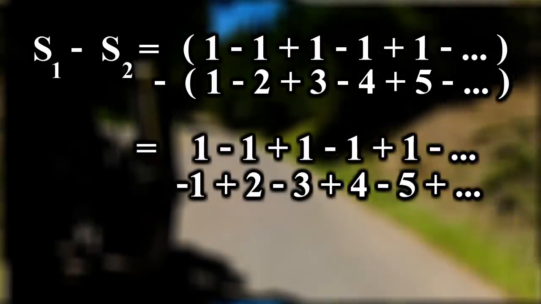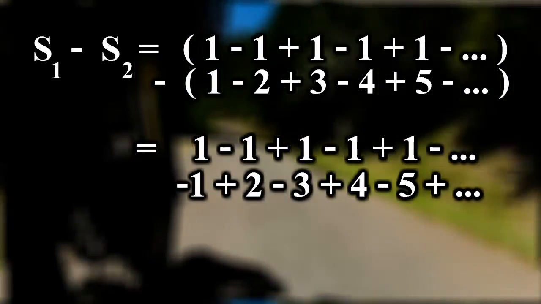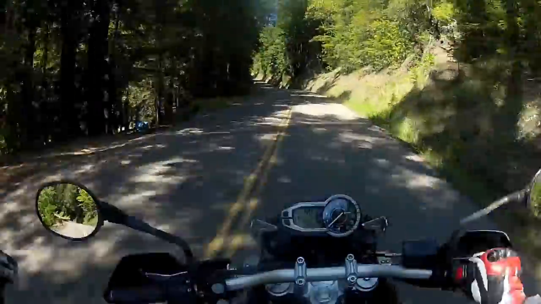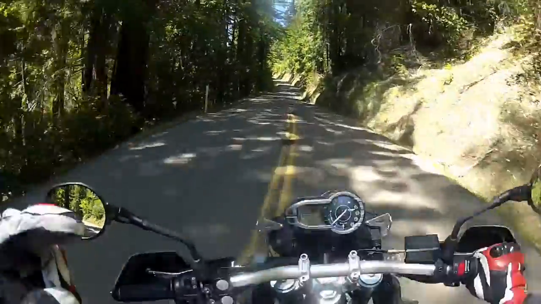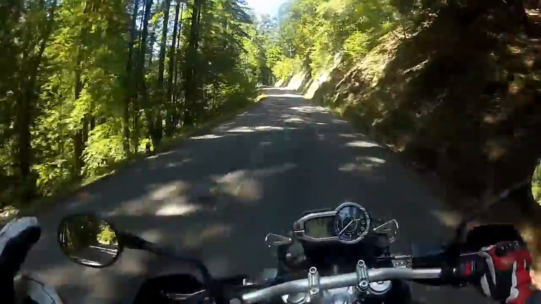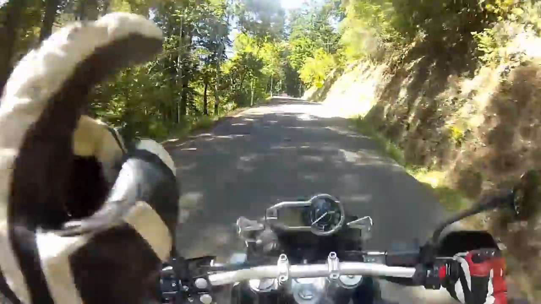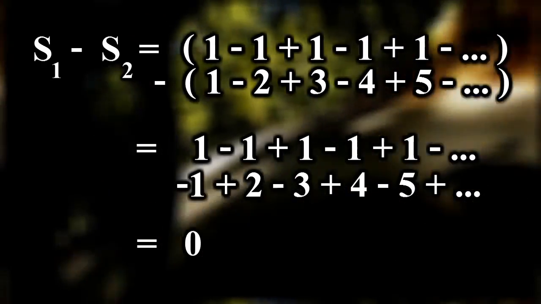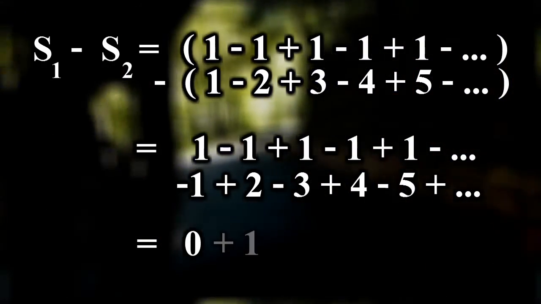Distribute out that negative. So 1 minus 1 is 0, right? It was 1 minus 2, so it's plus... Hang on a second. Okay. 1 minus 1 is 0. And so negative 1 plus 2, because we distributed that, is positive 1.